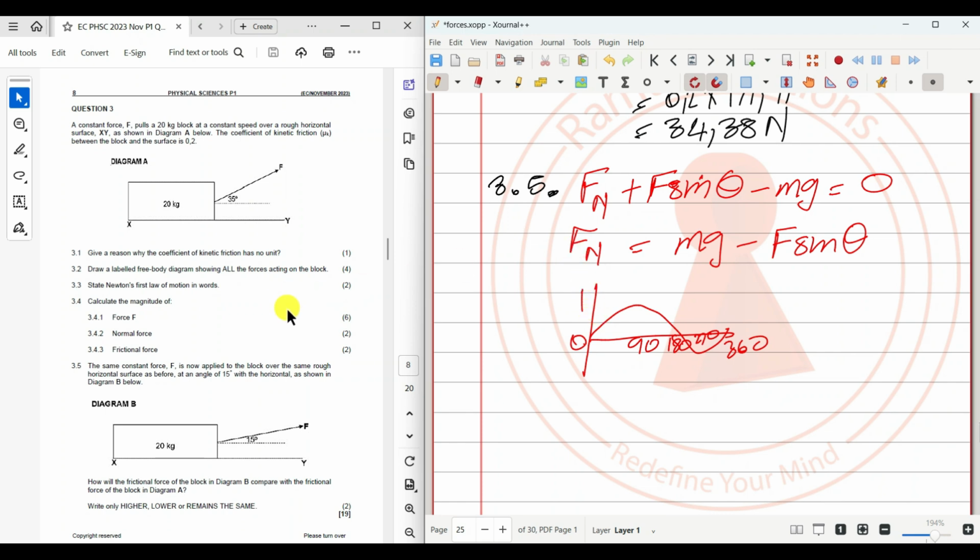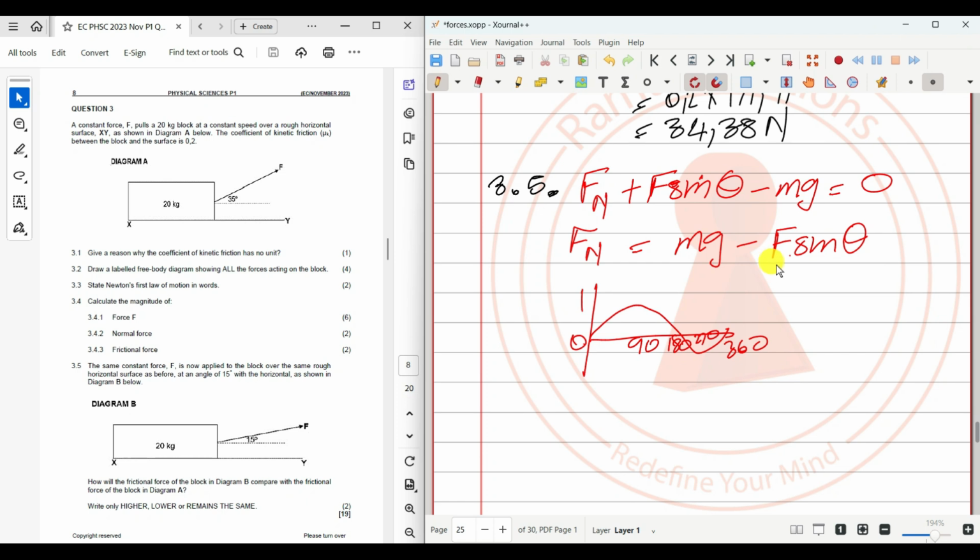The question they're asking you is this: how will the frictional force compare with the frictional force at A? I want you to see something here. Remember, the angle is decreasing. As the angle is decreasing, your F sine theta will be getting smaller.